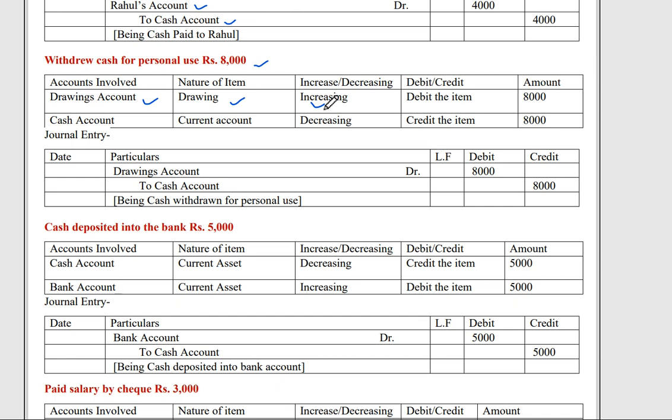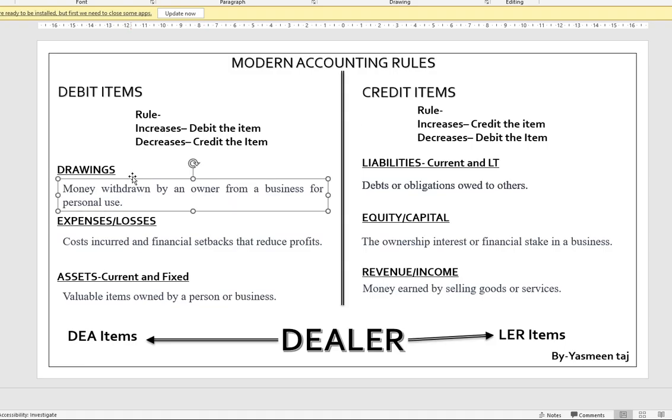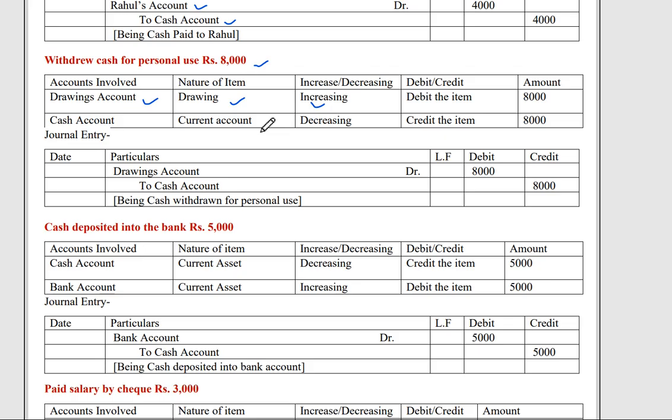Now this month if I pay that 10,000 rupees back to the business, then drawings are decreasing. But here they have said withdrew cash for personal use, so drawings are increasing. As per the modern rules, when drawings increase, we need to debit the item. Here the 8,000 rupees is debited.